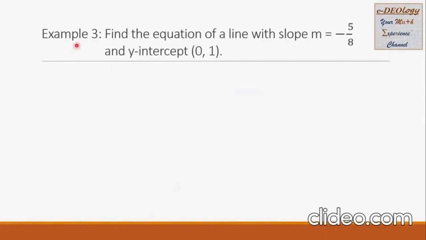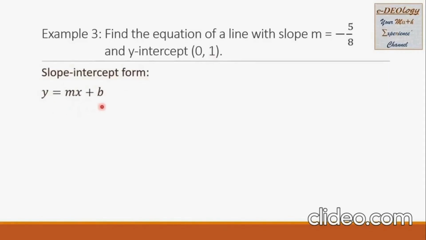Let us have example 3. Find the equation of a line with slope m equals negative 5 over 8 and y-intercept (0, 1). The slope-intercept form is y equals mx plus b.